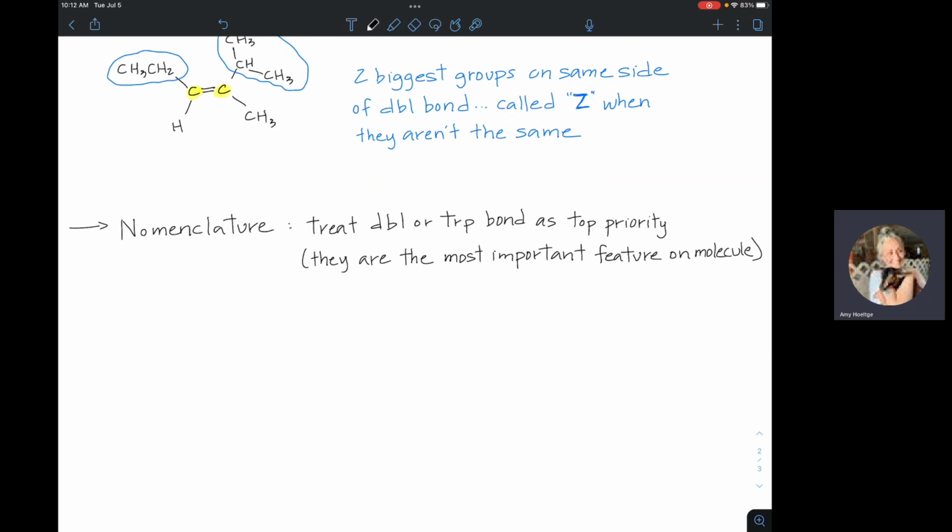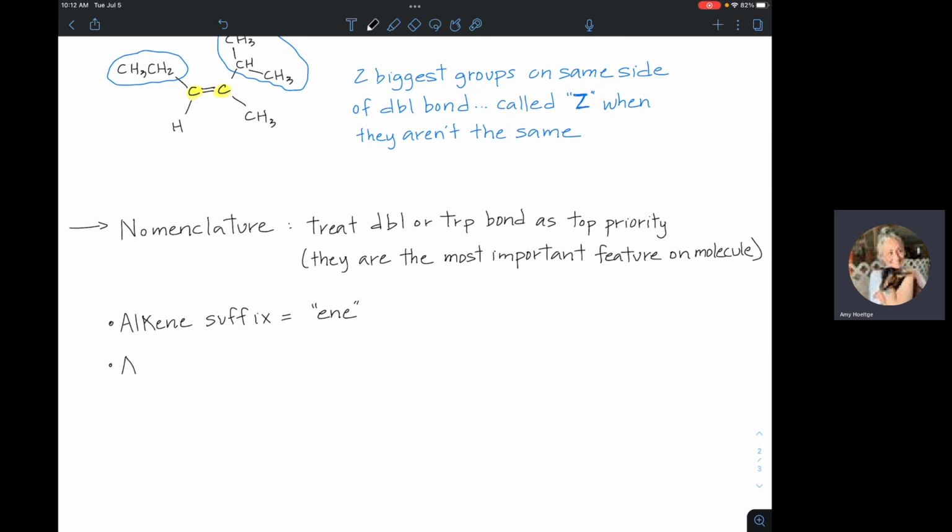So again, an alkene suffix is going to be -ene. And we'll use a prefix to designate how many carbons.